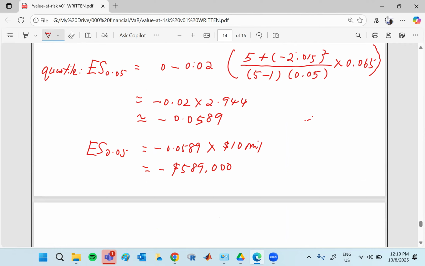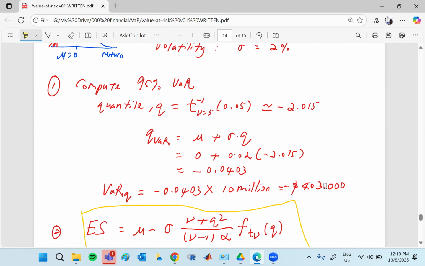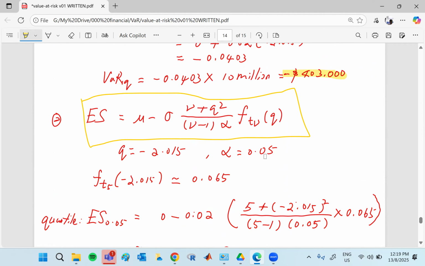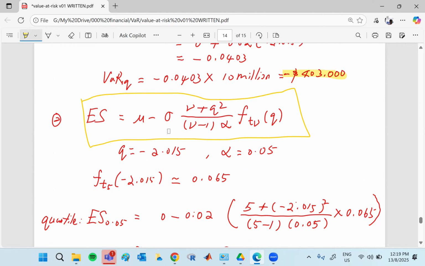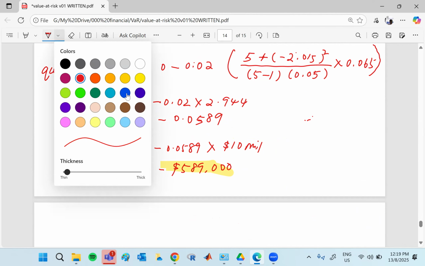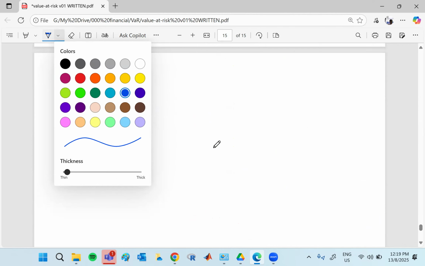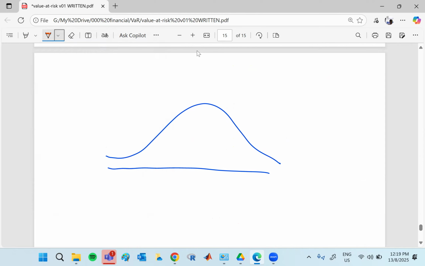If you compare this value, which is ES, with the value at risk, we found that the ES is always larger in loss than the value at risk. Because the expected value we are looking for is always, for example, the value at risk is at this position.